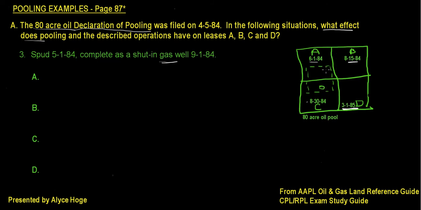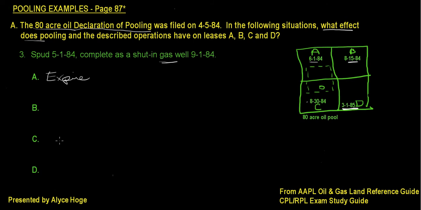That is not going to hold the interest under lease A that's included in the pooled unit, even though it was part of the pooled unit, because it was a pooled unit for oil only. And so, therefore, A is going to, let's see, it's a shut-in gas well 9/1/84, so A is going to expire.